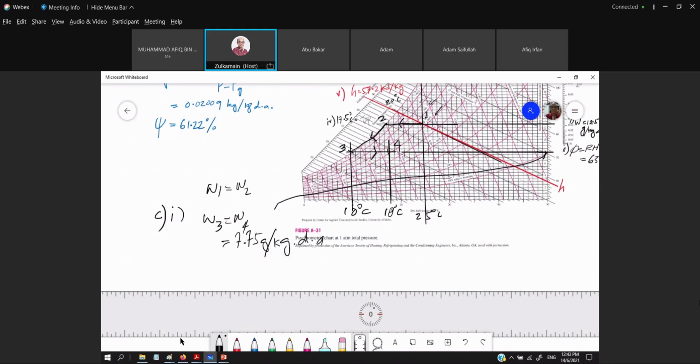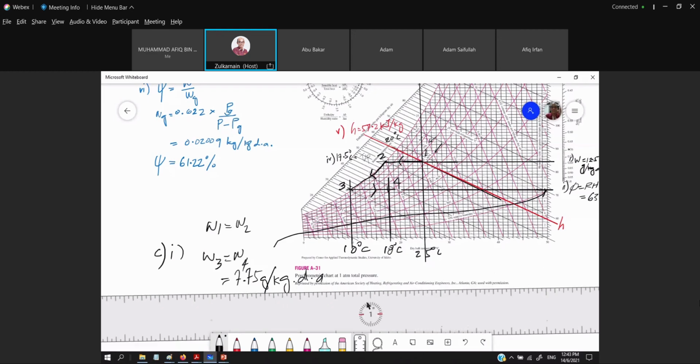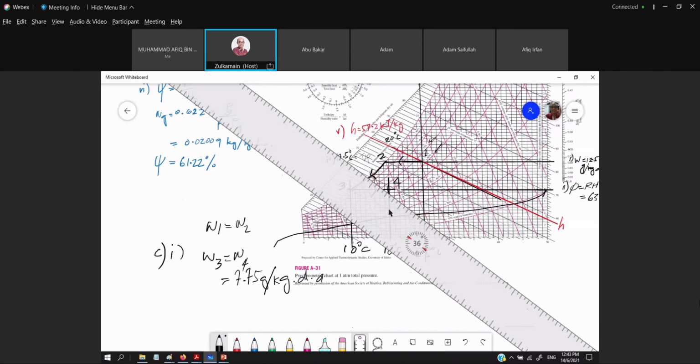And then for number 3 is to get the wet bulb temperature. So what is the wet bulb temperature? The wet bulb temperature maknanya sekarang ni the final. So kita kena dapatkan sini lah. So kita kena make a line which represent that.